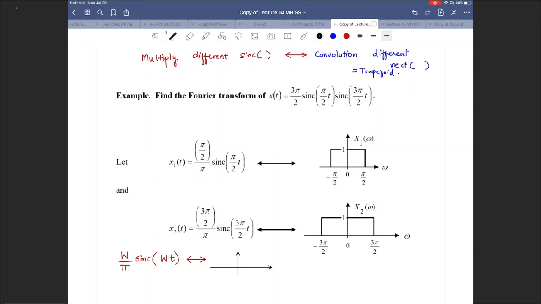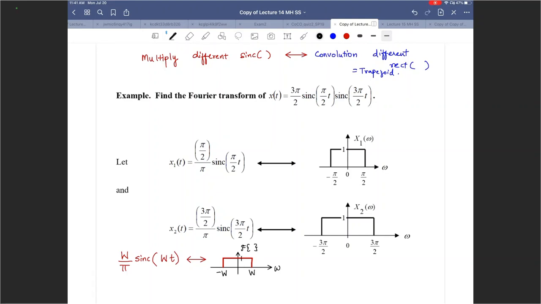The x-axis is omega. The y-axis is the Fourier transform of the signal on the left, and we have a rectangle between minus w and plus w, and the height is 1.